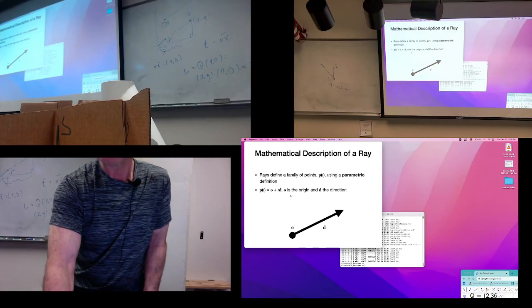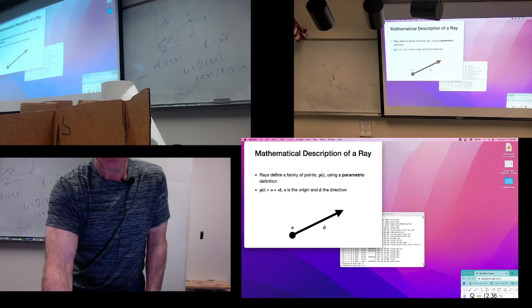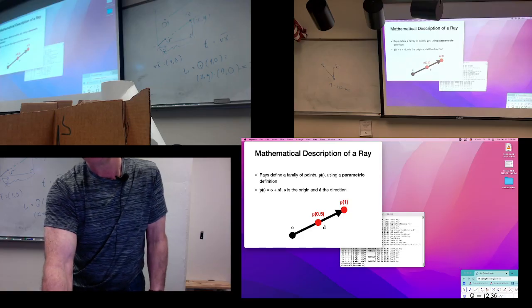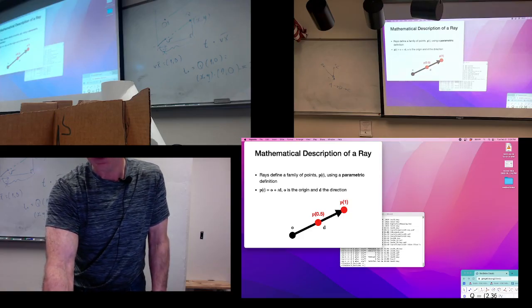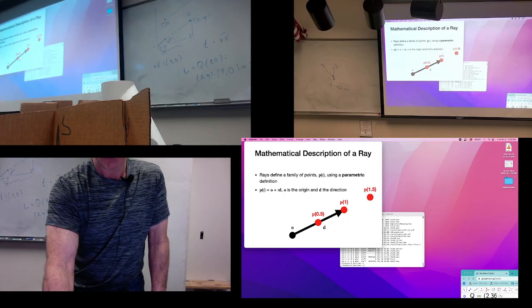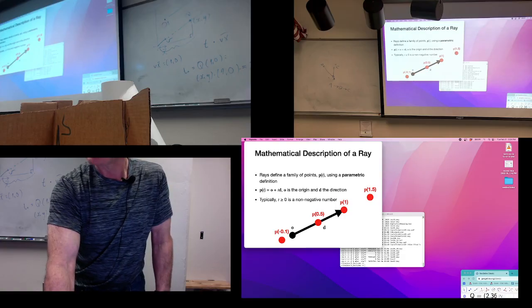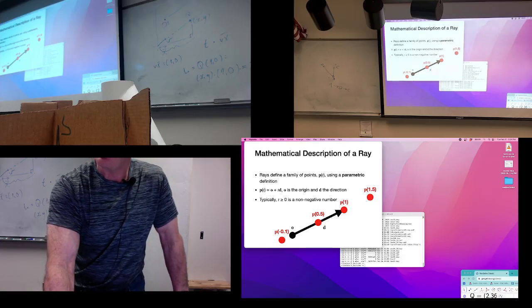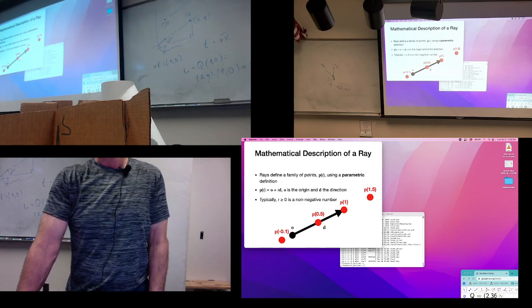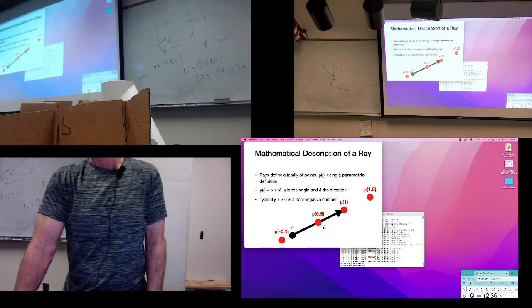Okay, that's the parametric representation of the ray. P of 1, P at one half is just the middle point between P of 0 and O, P of 1.5. Usually t is non-negative; if it's negative, it goes in the opposite direction. And actually you're going to encounter negative values of t.